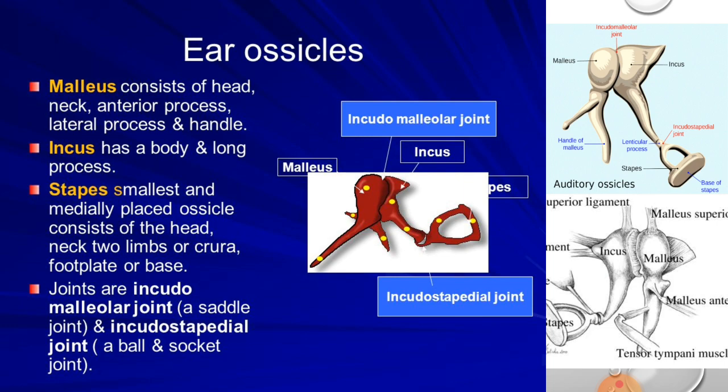It consists of a head, a neck, two limbs or crura, and a foot plate or base which lies over the oval window. Now there are two joints between these three ossicles. One is the incudomalleolar joint, which is a saddle joint, and the other is the incudostapedial joint, which is a ball and socket joint. You can easily assess that the first one lies between the incus and the malleus, and the second joint lies between the incus and the stapes.